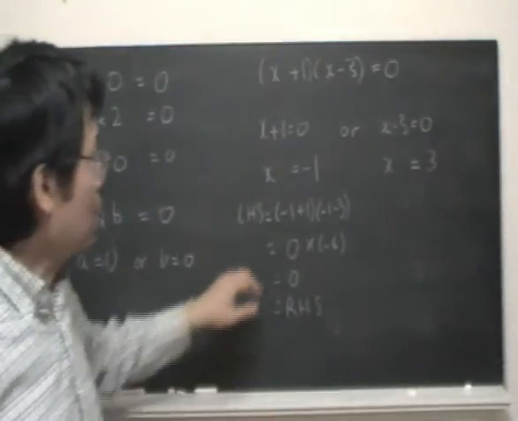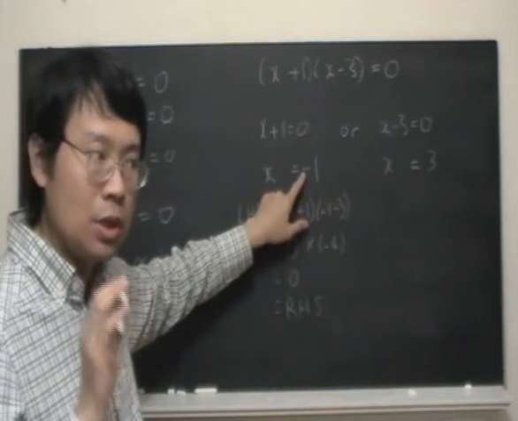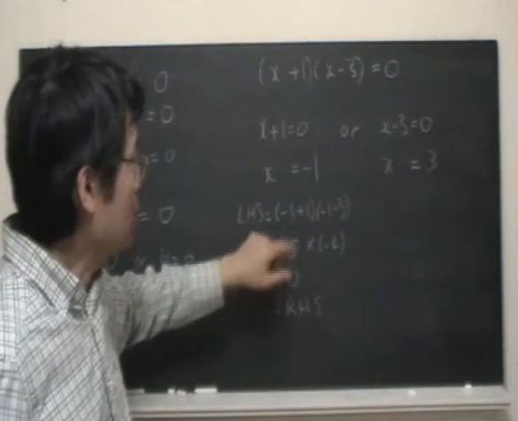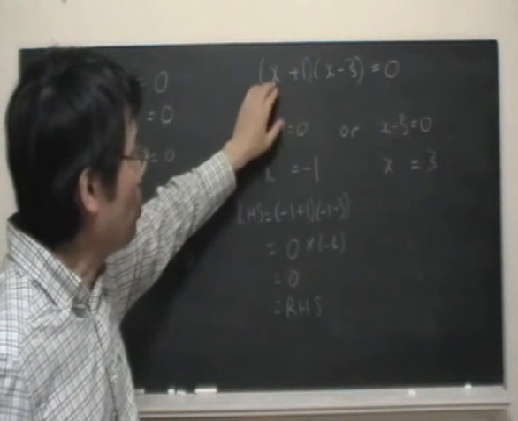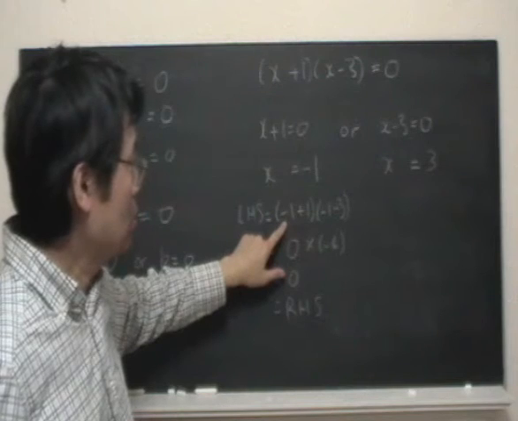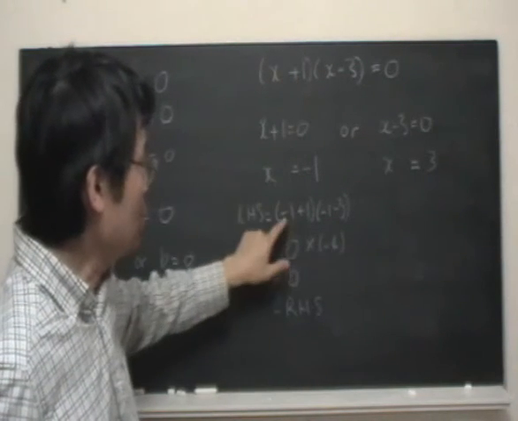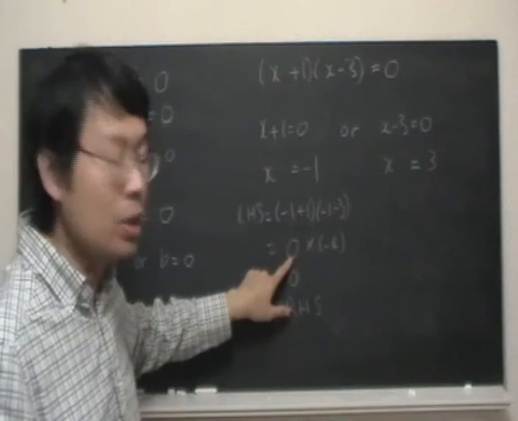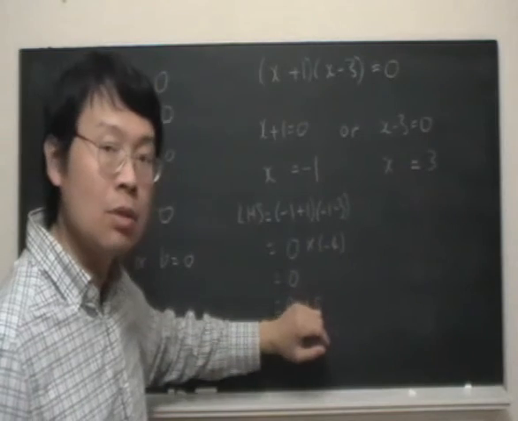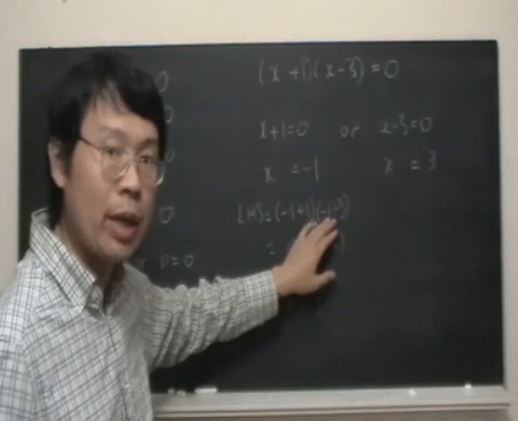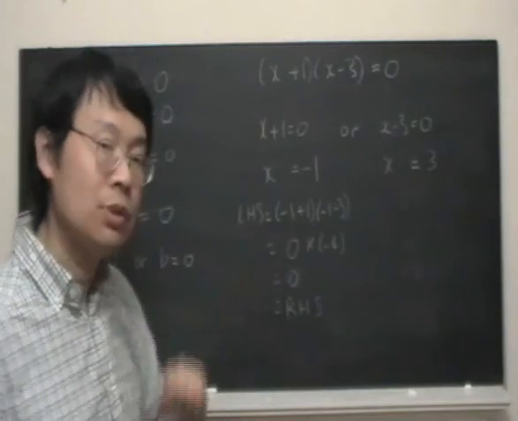So we can see that x equal to minus 1 is a correct answer, because when we substitute into the x, you find that one of the brackets, in this case minus 1 plus 1, becomes 0, and 0 times any number, whatever the number in the other bracket is, 0 multiplied by that must give 0.